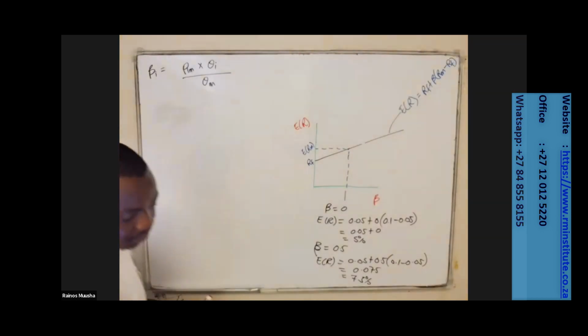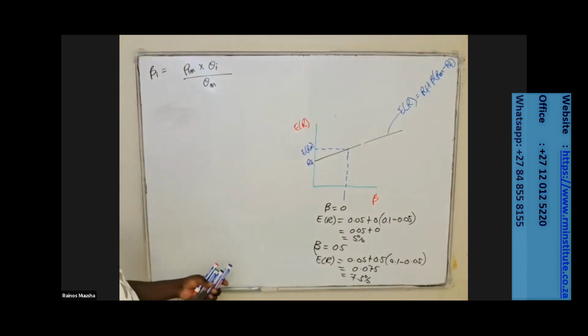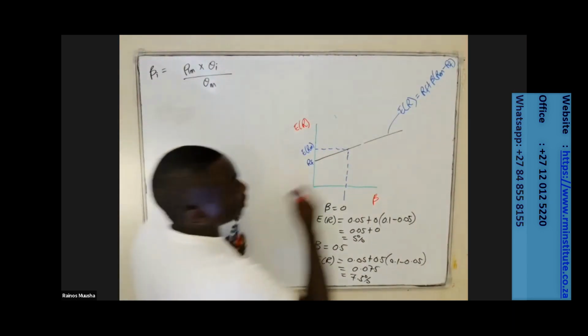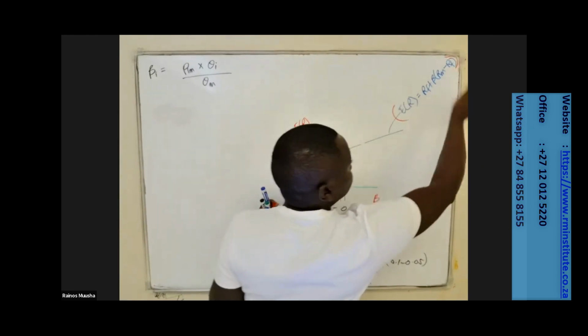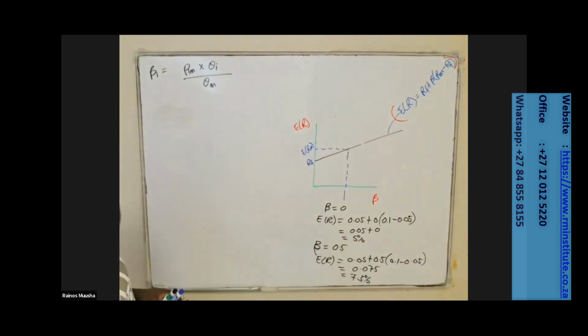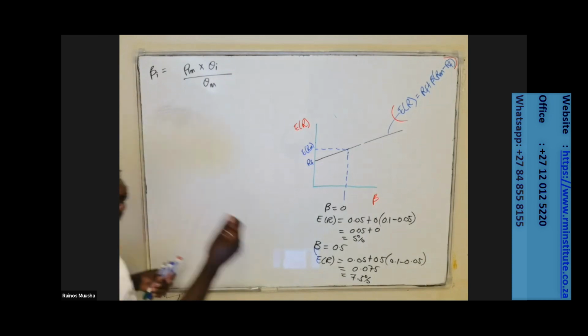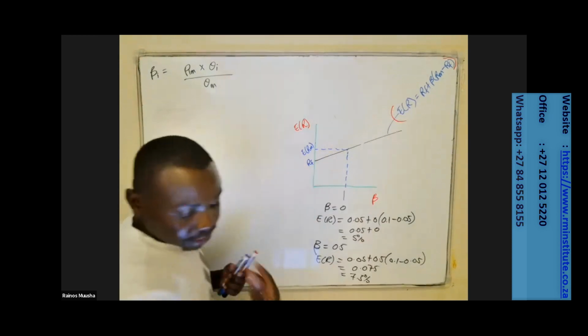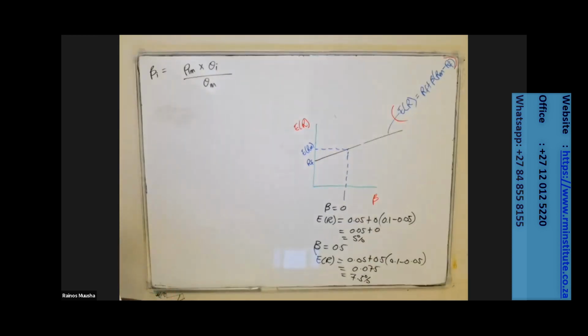When you look at the capital asset pricing model, the expected return of the portfolio is given by that. So your alpha is the excess return, where you look at the performance of your portfolio compared to how much you were expecting the returns to be.